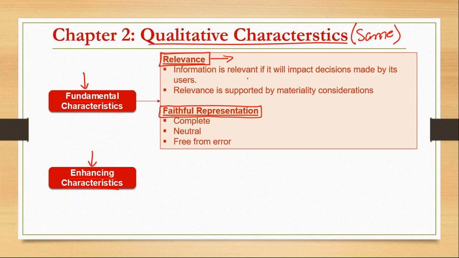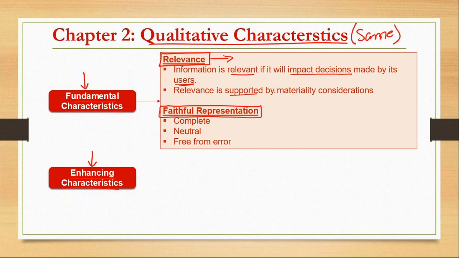So we say that the information is relevant if it impacts the decision made by its users. If the information affects the user's decision, it becomes relevant information, and if it doesn't affect the user's decision, it will be irrelevant.